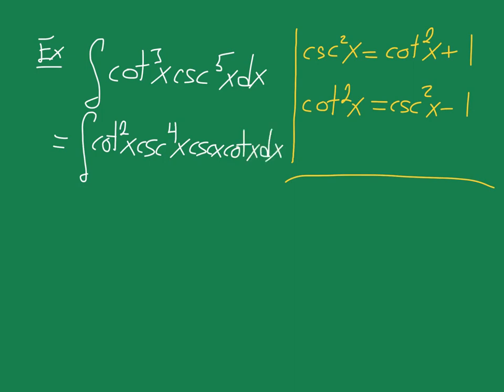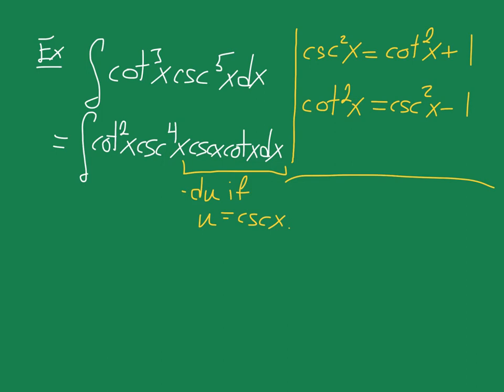The reason that this seems like a good idea is because this will equal the negative of du if u is equal to cosecant x, because the derivative of cosecant x is minus cosecant x cotan x.